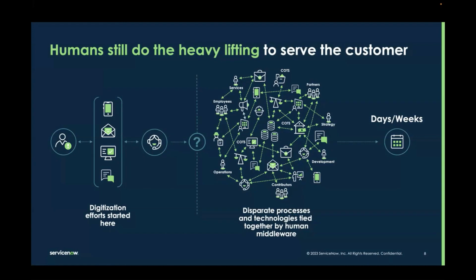And so that agent might be walking over to a colleague's desk to route the request, or they might be picking up a phone or sending an email. And what we're seeing here is that humans are filling in the gaps left by legacy systems and commercial off-the-shelf solutions. And so something that could have been resolved in a day ends up transforming into days and a week-long affair.